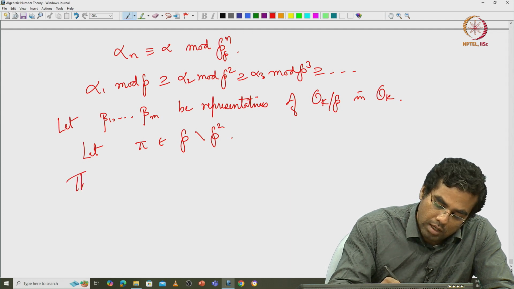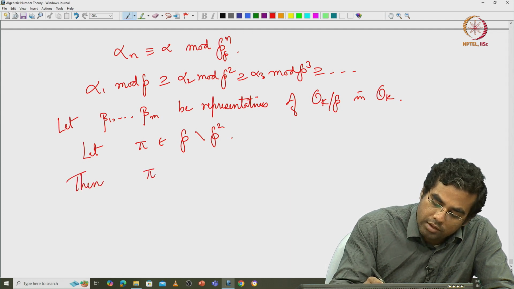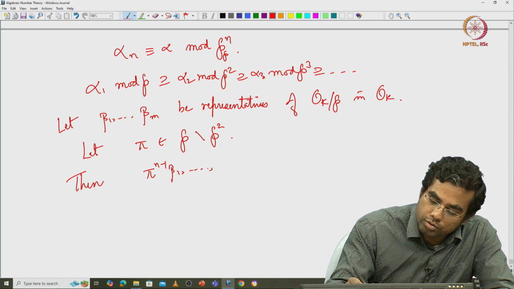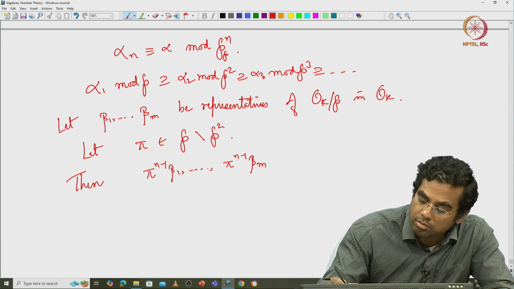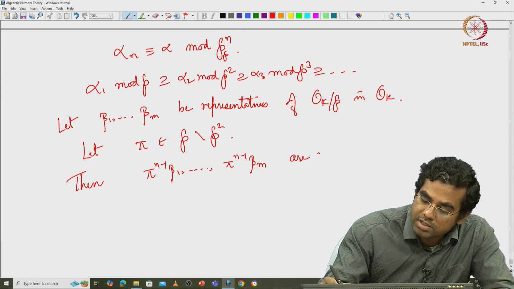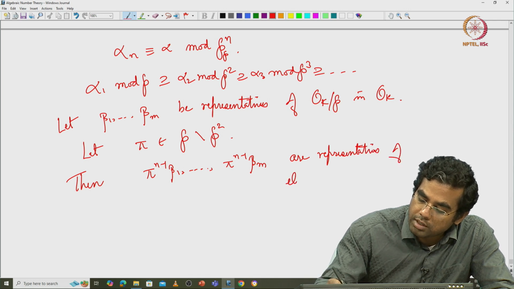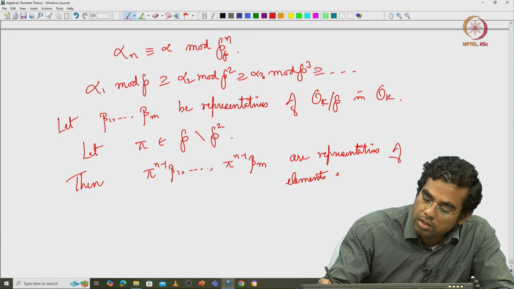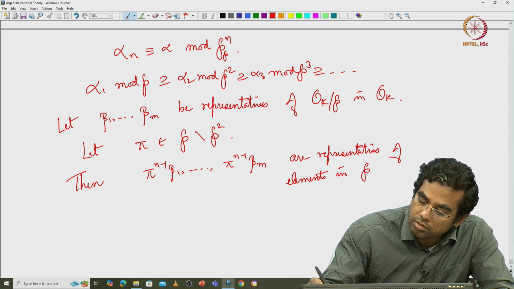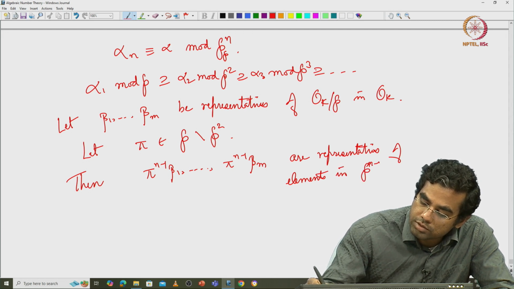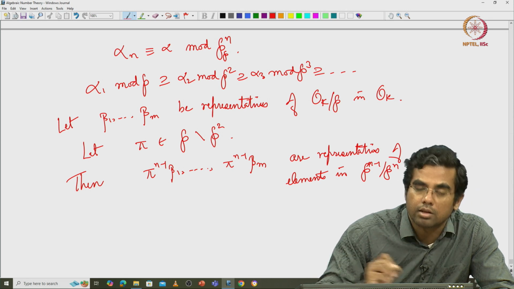Okay. Then pi to the n minus 1 beta 1 up to pi to the n minus 1 beta m are representatives of elements in P to the n minus 1 modulo P to the n.